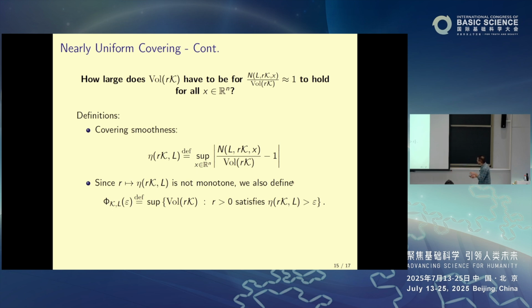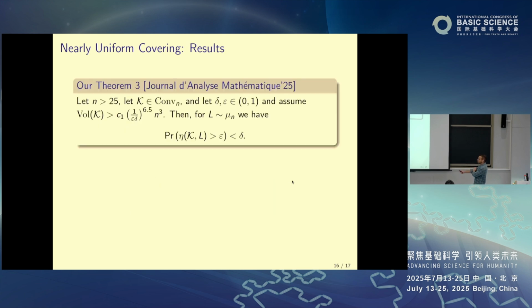So we can ask what is the minimal volume of a dilate of K, such that if I inflate further, no matter how much, the covering remains smooth, right? So this is this function. We proved two results in the follow-up paper. It was submitted 2 years ago, but it was just published this year in the Journal d'Analyse Mathématique. And the result is that if the volume of our convex set is more than n cubed, then for almost every lattice, we will have smooth covering density with high probability.